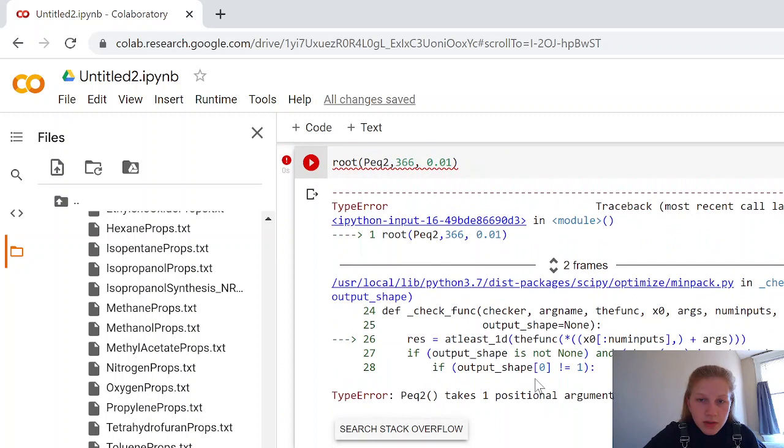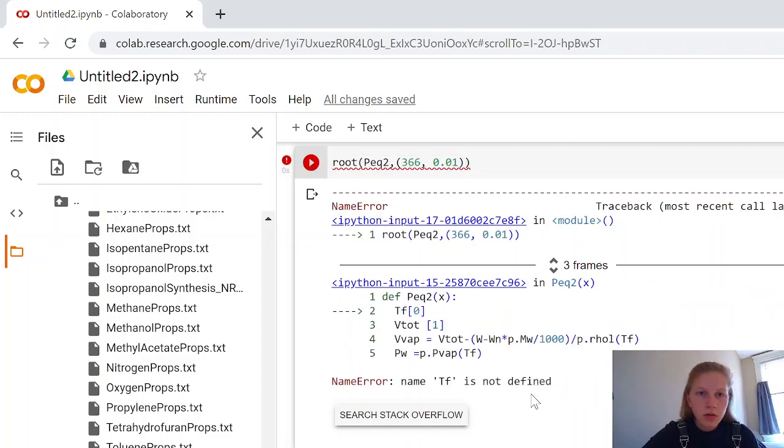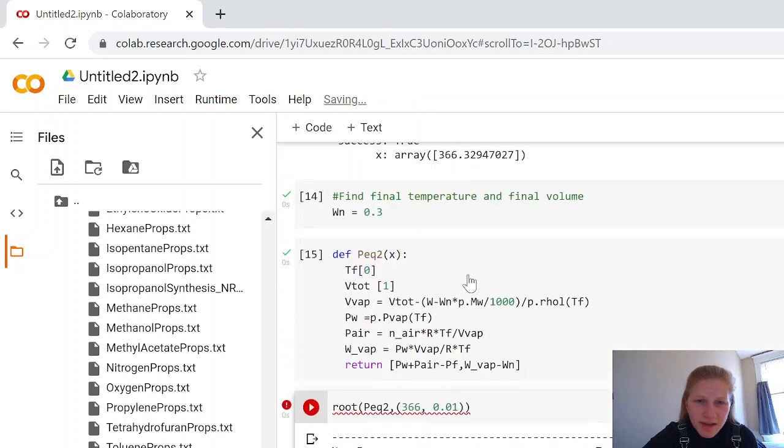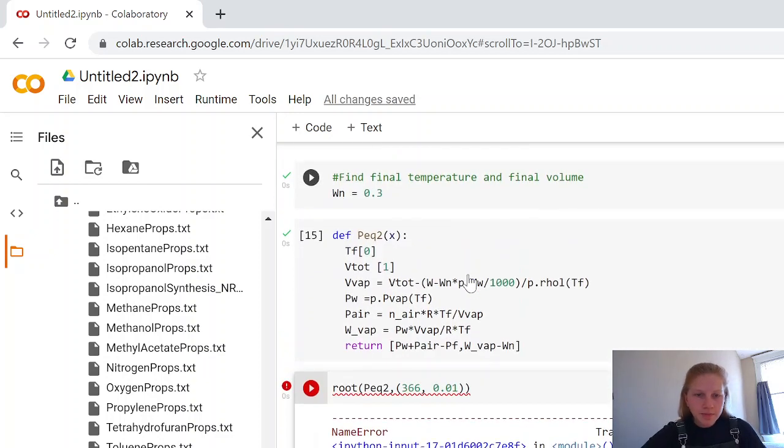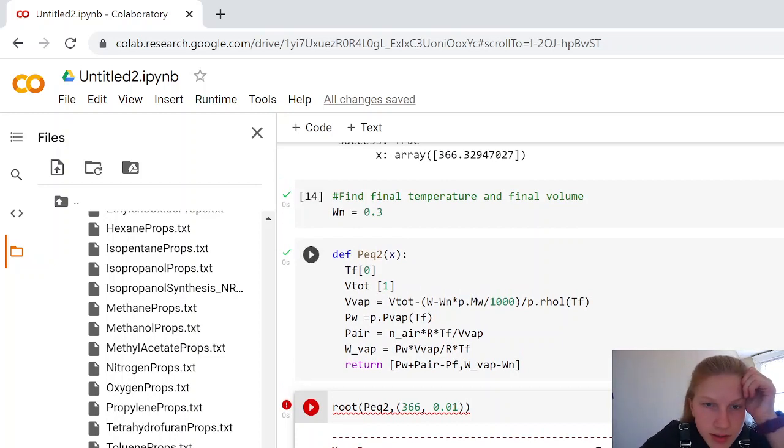It takes one positional argument, but two were given. Oh, I think I needed parentheses here. Name TF is not defined. Huh? Let's see.